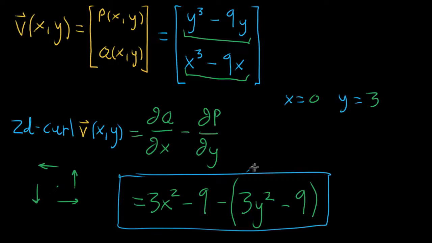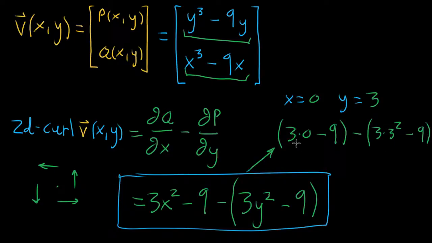We go over here, and I'm going to evaluate this whole function again, by plugging in 0 for x. So this is 3 times 0 minus 9. And then we're subtracting off 3 times y squared. So that's 3 times 3 squared minus 9. And this whole part is 0 minus 9.